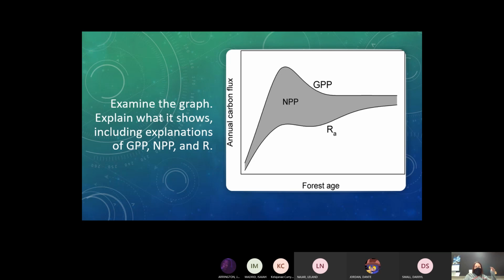After that big influx, the GPP decreases and then levels off, and it becomes steady throughout the rest of its life. This is when you would see an ecosystem reach an equilibrium.